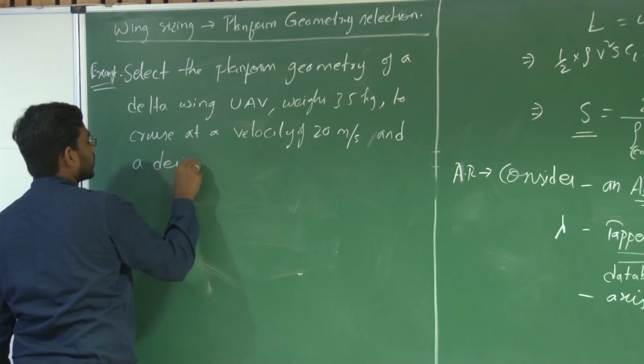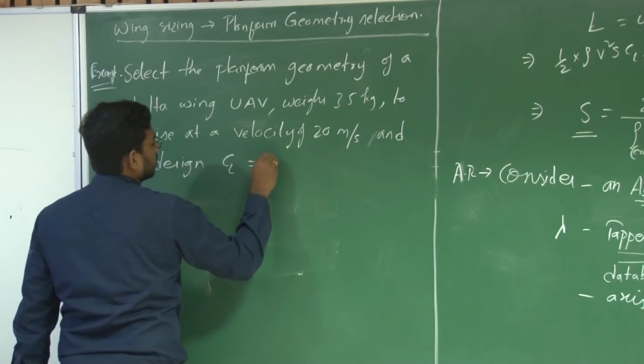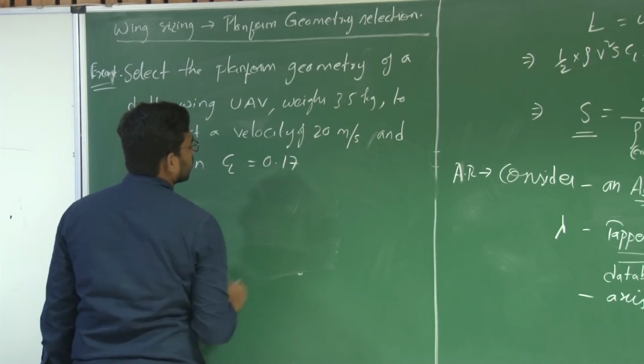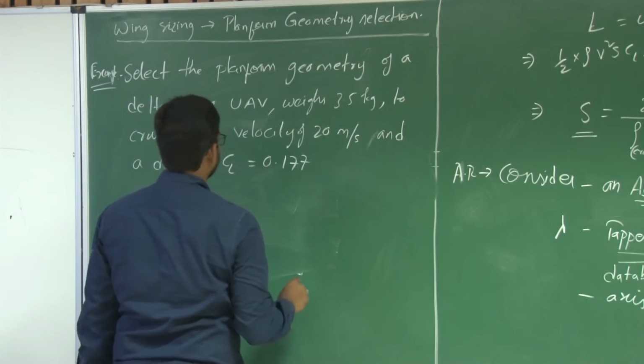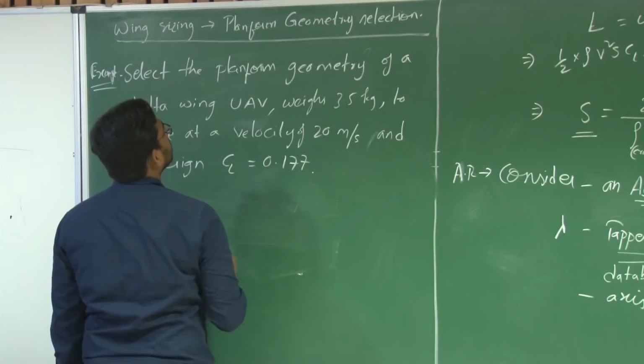So it is cruising at a design CL of 0.177.